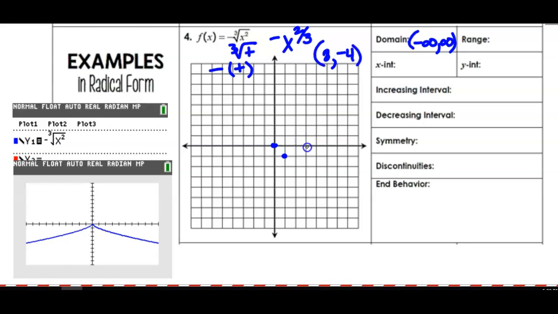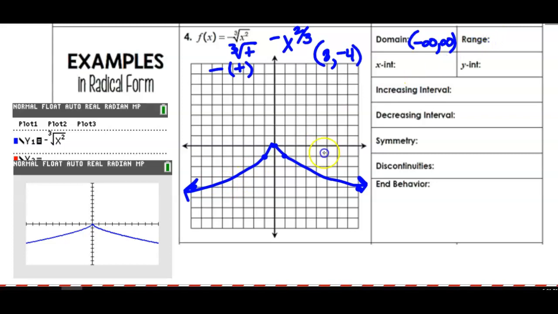So 1, 2, 3, 4, 5, 6, 7, 8, 1, 2, 3, 4. This is what it's doing. And you could, again, just type it in the calculator and check a value. If you go out here to 8, it's down at -4. And you are not going to be asked to be super accurate on these, I promise.